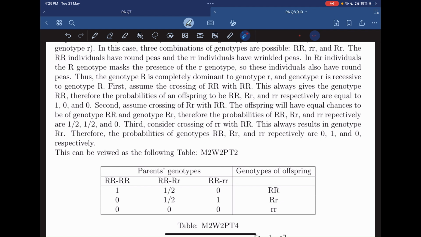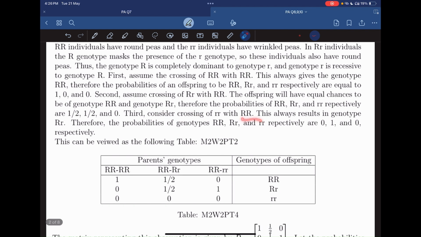Therefore, the probabilities are 1 by 2, 1 by 2, and 0. Third, consider crossing of double small r with double capital R. This always results in genotype capital R small r. Therefore, the probabilities are 0, 1, and 0. This can be viewed as the following table.